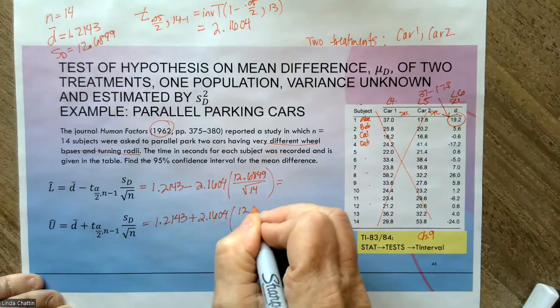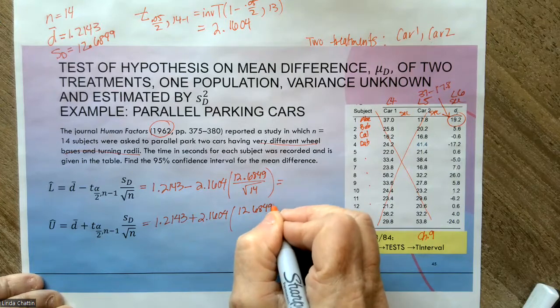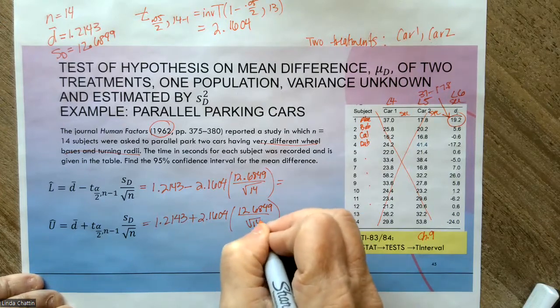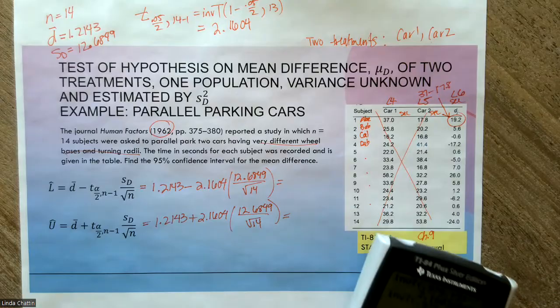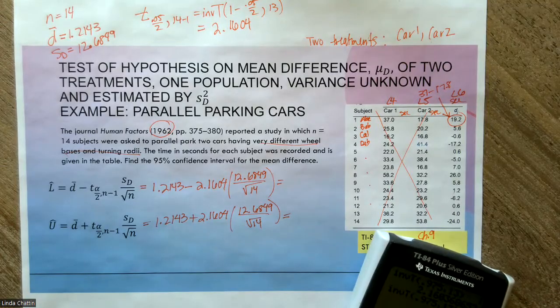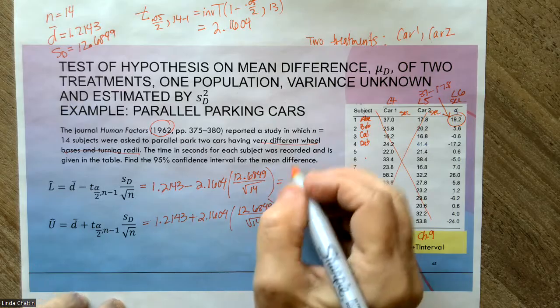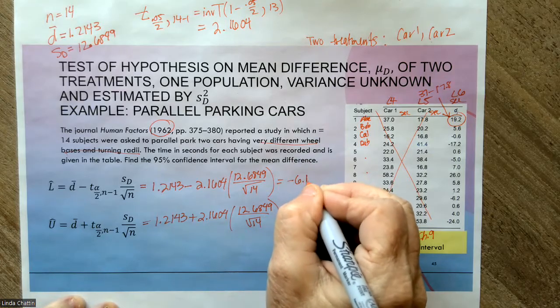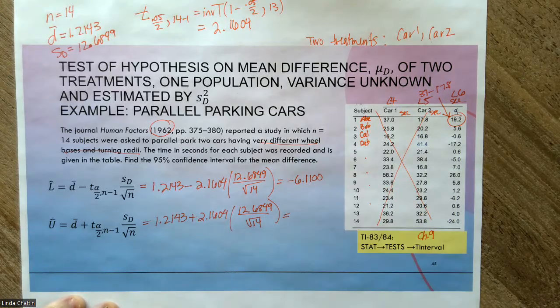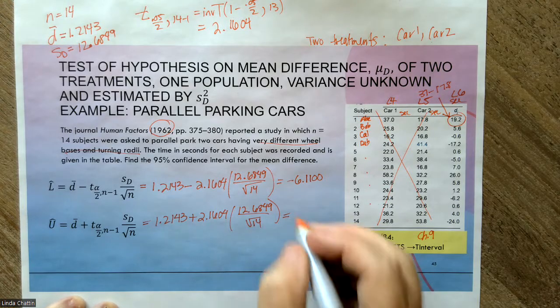You might want to pause it here and verify my numbers. And this will end up being a minus 6.11. And then the upper bound is going to be 8.5383.